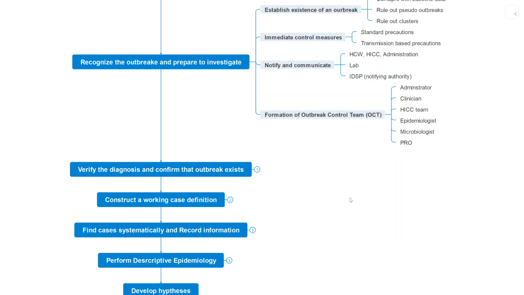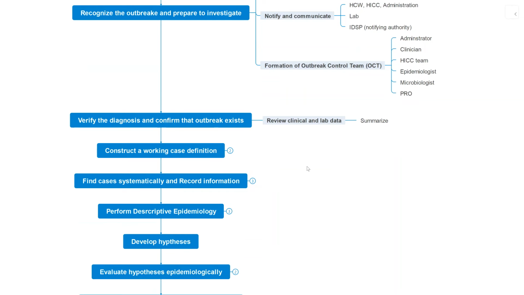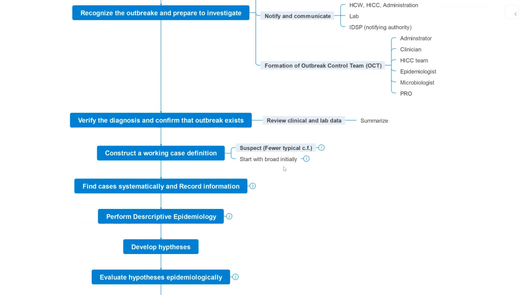The third step is to verify the diagnosis and confirm that the outbreak exists. For that, you have to review all the clinical and lab data available, and summarize that. Finally, based on this, you will construct a working case definition. You start broad initially.